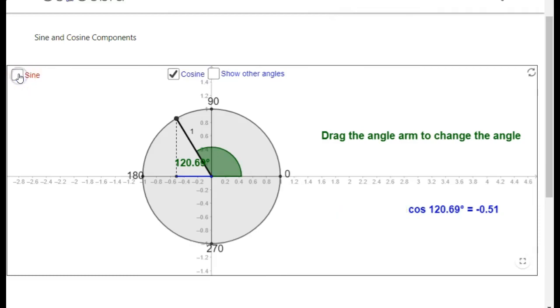So I don't care about sine right now, just cosine. So I'm going to unclick everything else. Set your cosine to 1/3. So that would be like 0.33. There it is.